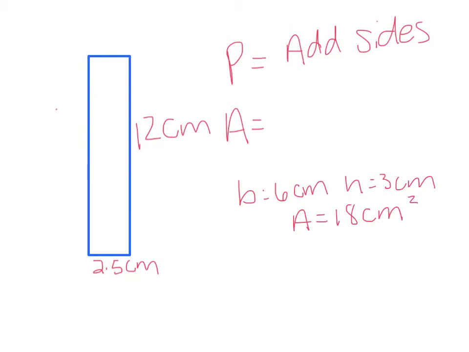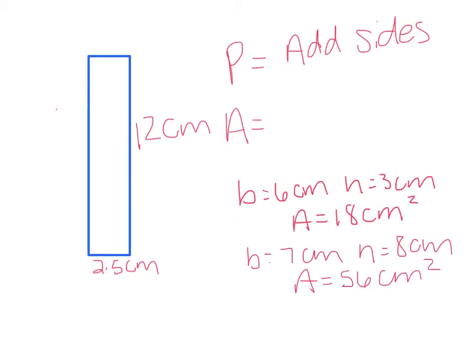They're two-dimensional. The rectangle that had a base of 7 centimeters and a height of 8 centimeters had an area of 56 square centimeters. So I bet you're noticing a little pattern. If we multiply together the base and the height for a rectangle, we can find the area.